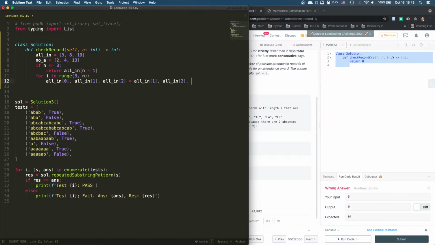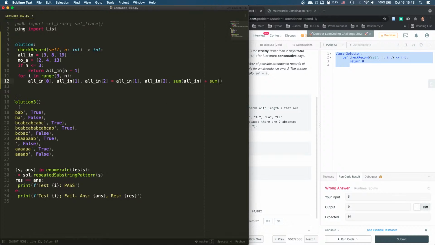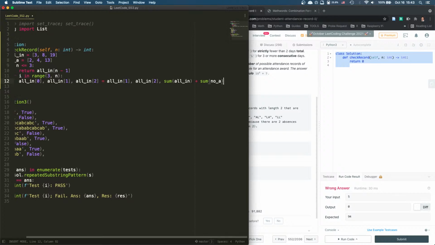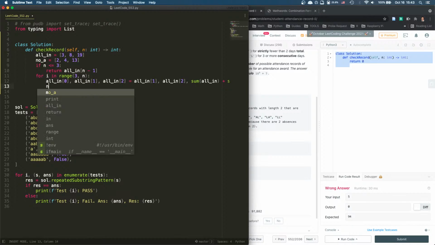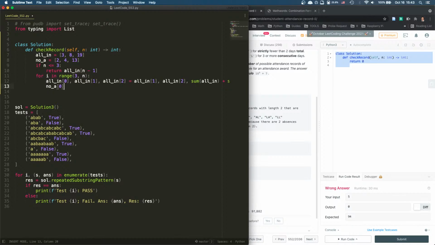So all in 2 is the new thing. That's going to be the sum of previous all in, 1, 2, 3, sum of previous all in, and a plus sum of previous no A. Right, so we got this, and then no A 0, no A 1, and no A 2.